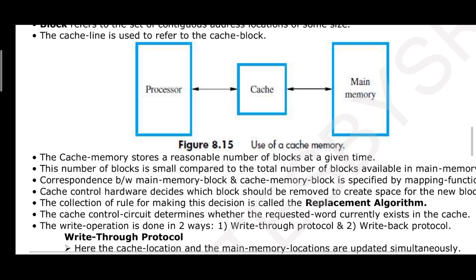The processor will look into the cache, and if the data is there, it is given to the processor from the cache only. Otherwise the processor should look into primary memory or main memory.